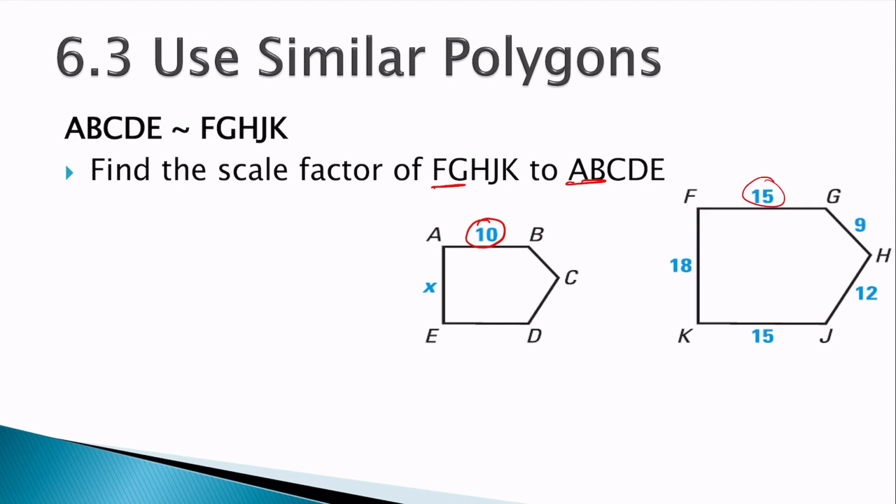Since FGHJK came first, I'm going to do FG to AB. FG is 15, AB is 10, reduced by 5, and you get 3/2. So the scale factor is 3:2.